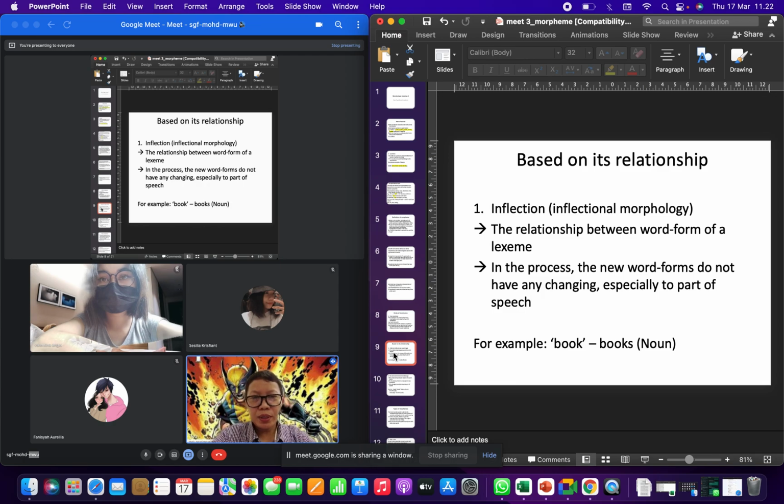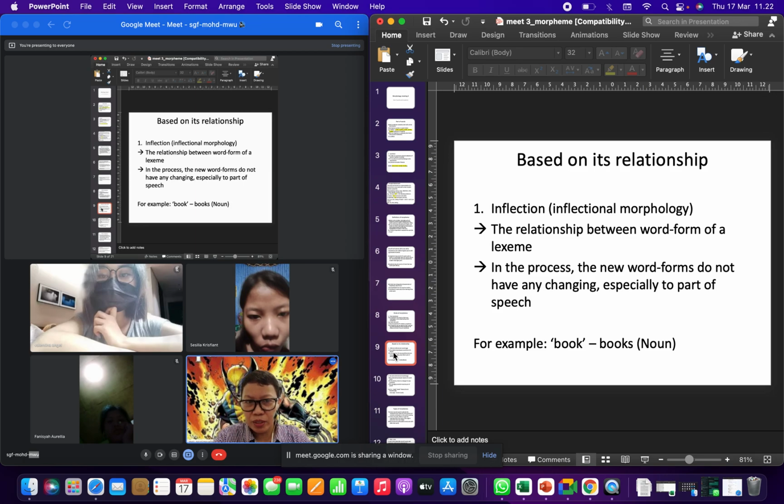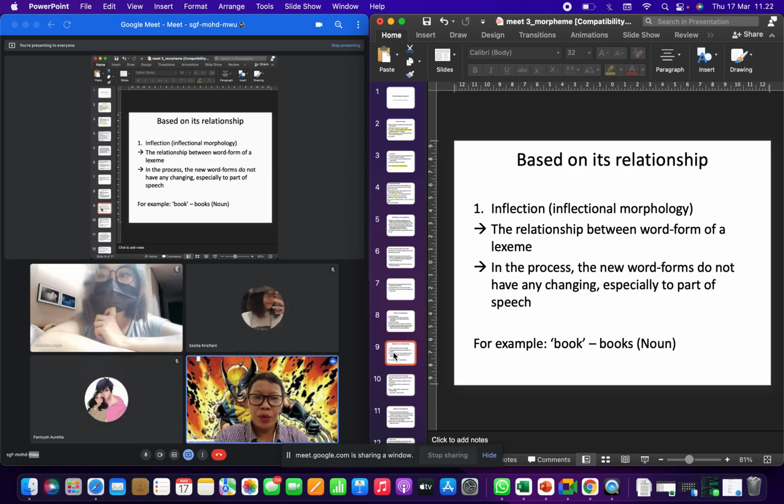And then when we talk about morpheme, we can also see the types of morpheme based on their relationship. First, we have the inflectional morpheme, or inflectional morphology. This can be seen from the relationship between word forms of a lexeme. In the process, the new word forms do not change, especially the part of speech.